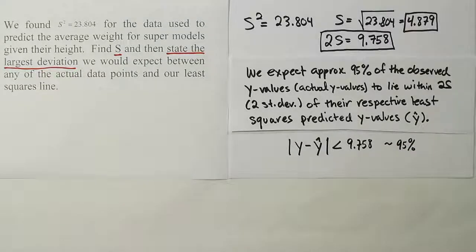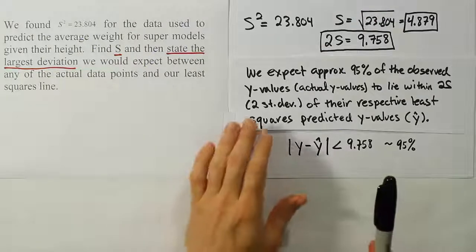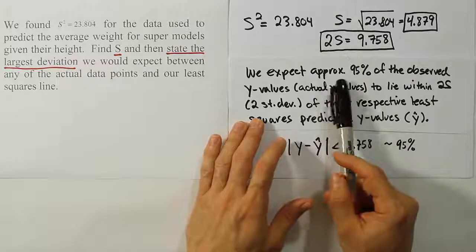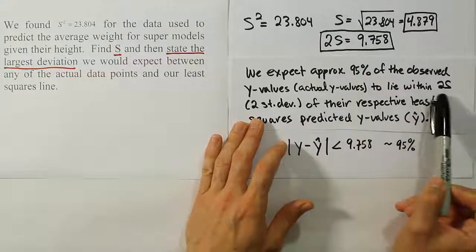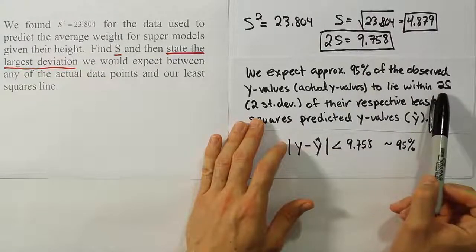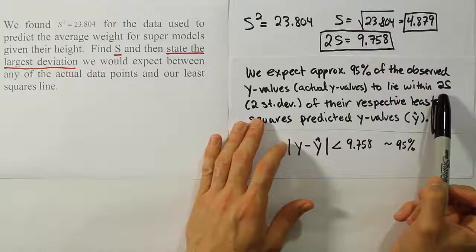And what we mean by that is very simple. Let's first talk about where the 95% comes from. Back in Stats 1, you would have learned a rule called the empirical rule, and we learned then that approximately 95% of the observations lie within 2 standard deviations from their mean. Well, the mean for the error term in a least squares prediction model is 0.